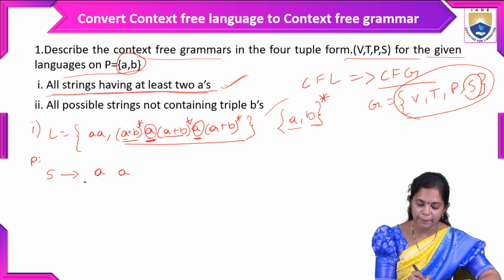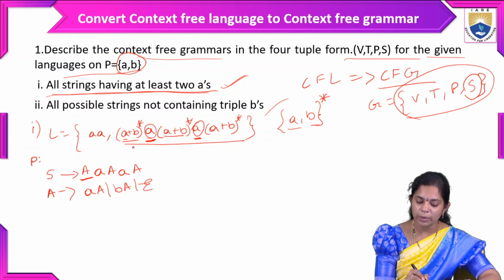A, and this (A plus B) whole star I write as one more non-terminal, A. So A tends to either A or B, A or epsilon. Epsilon is also accepted. Why? Because if we write epsilon here, the entire thing becomes epsilon, and we will get just the A values.